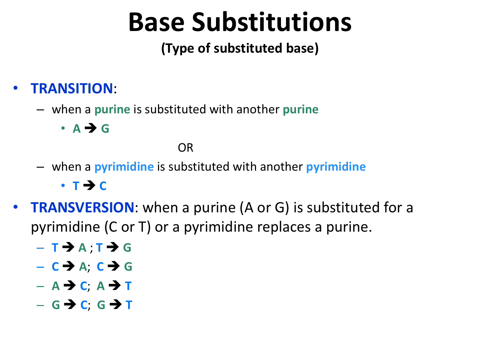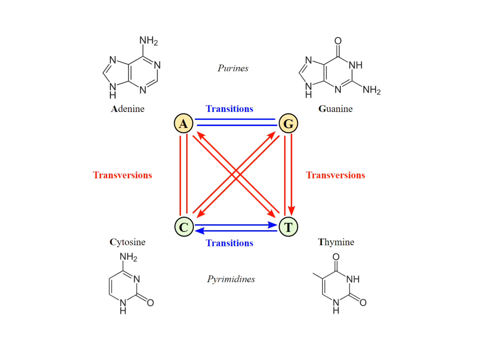But in case of transversion, a purine, that is A and G, is substituted by a pyrimidine, C or T. So purine and pyrimidine are interchanged in transversion. The possible outcomes could be T replaced by A or T replaced by G; C replaced by A or C replaced by G; A replaced by C or A replaced by T; and G replaced by C or G replaced by T. There is a pictorial representation of transition and transversion.